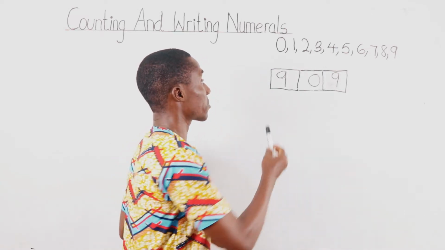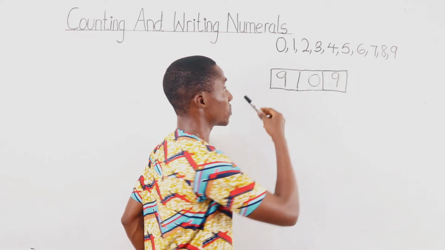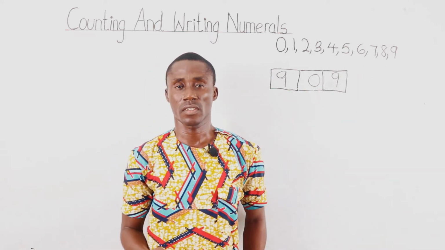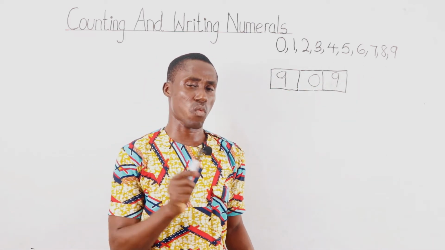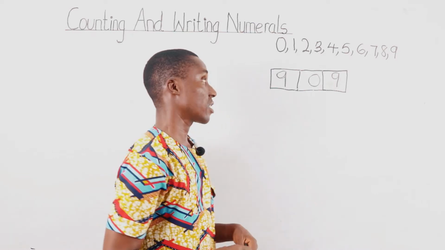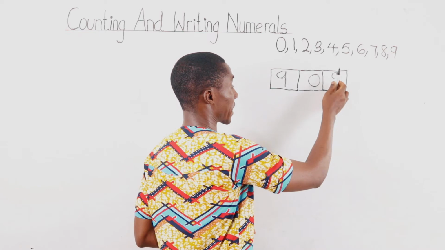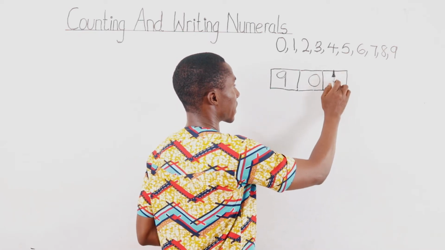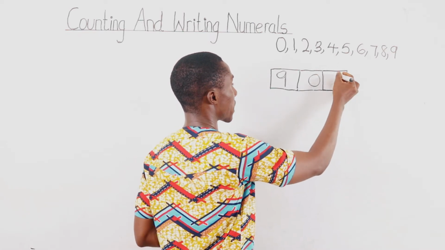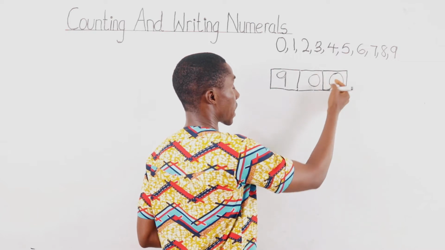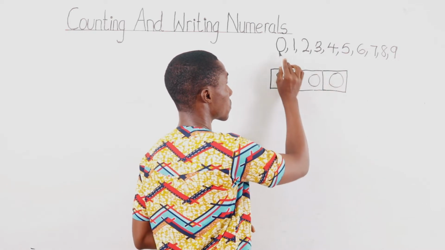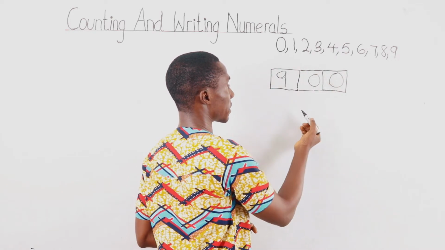So once again we have gotten to that point. We've used all the digits. So when we add one more orange, this value here will increase to 10. We cannot write 10 here. We're going to take it and that place will become empty, and therefore we will write the digit 0 there.